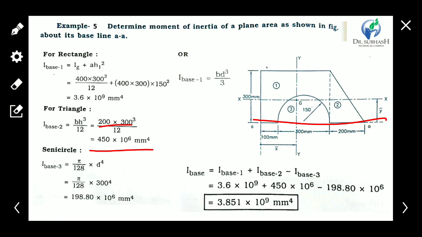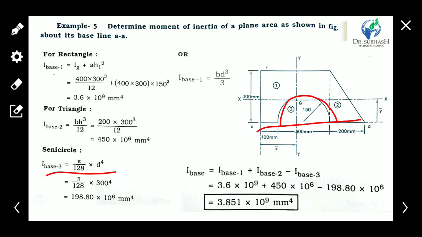Okay, and now for the semicircle, find out the moment of inertia for the semicircle about the base. Now we have a direct equation for that. Its equation is pi by 128 into d raised to 4.